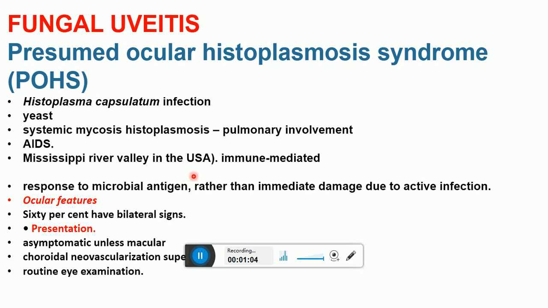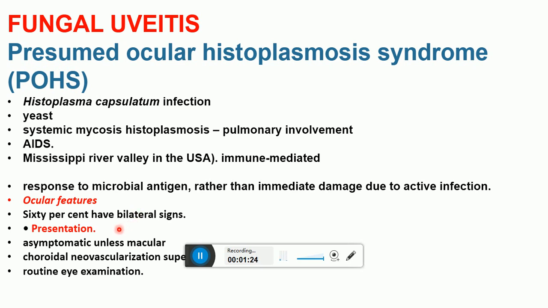It is believed that the eye disease represents an immune-mediated response to microbial antigen rather than direct damage due to active infection. Regarding the ocular features, 60% have bilateral signs.